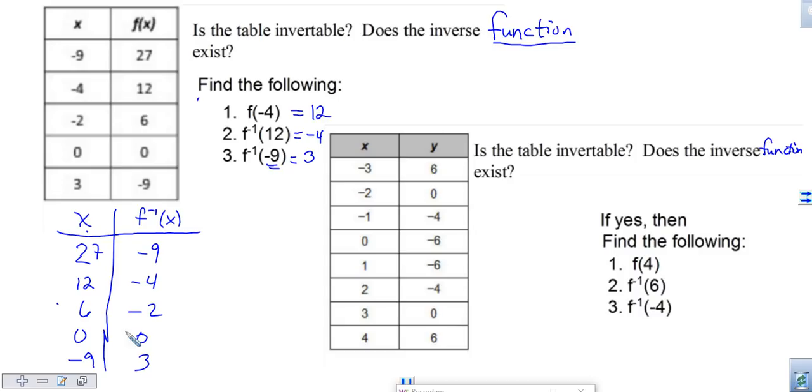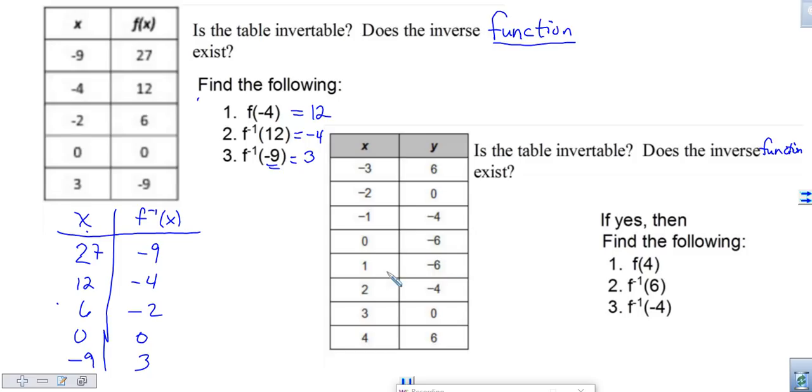Looking at this next one, is the table invertible? That means we're going to look to see if these are 1 to 1. And the answer is no, it's not invertible, because -4 goes to -1 and it goes to 2. -6 goes to 0 and it goes to 1.